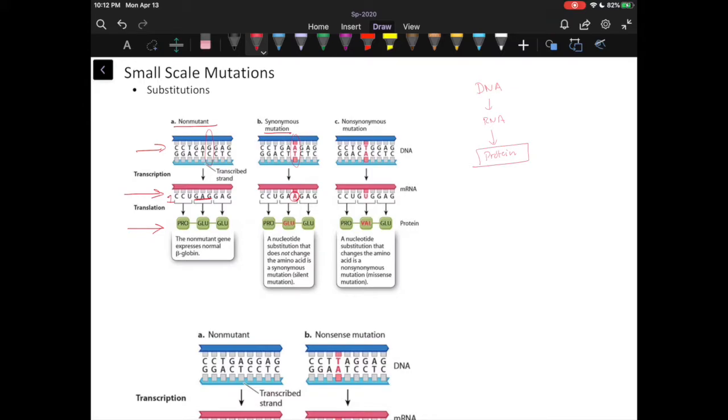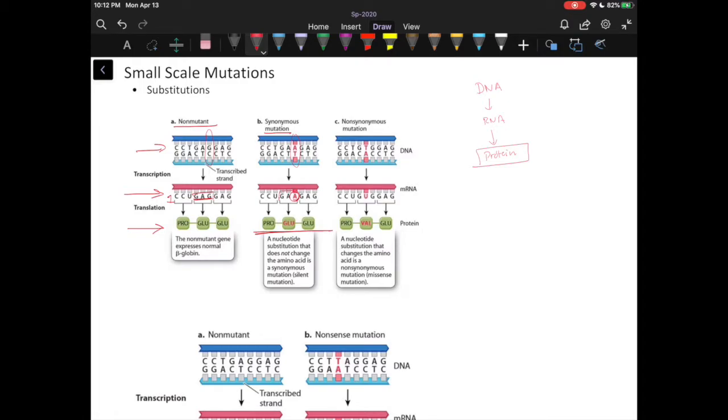But this type of mutation does not cause a change in our amino acid sequence. Why is that? Well, if you remember our codon chart, it is important to know that the codon chart is very redundant, meaning that different combinations of a codon will code for the same amino acid.